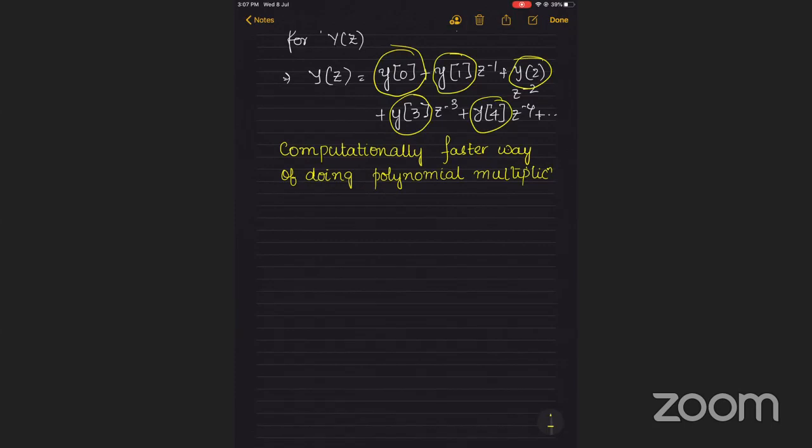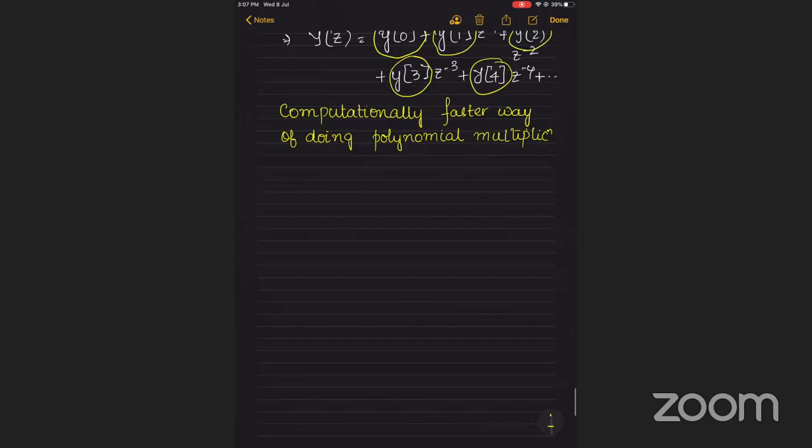Is that clear? Now we are going to look at a computationally faster way of doing polynomial multiplication, for which we look at this example.